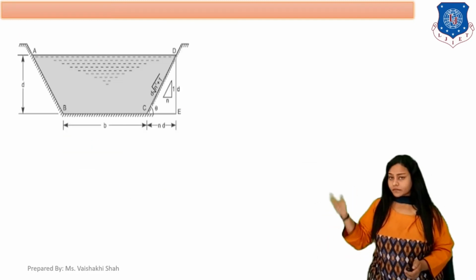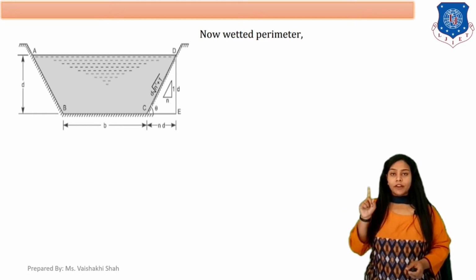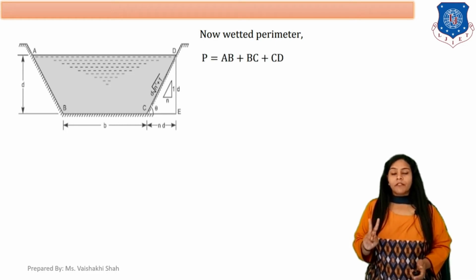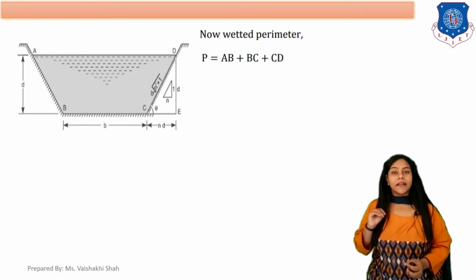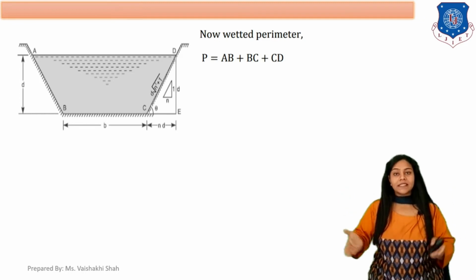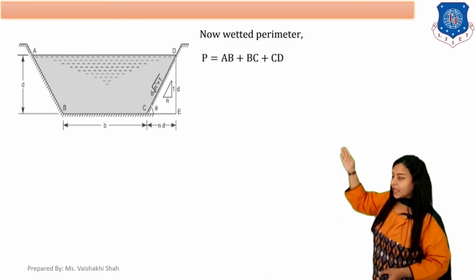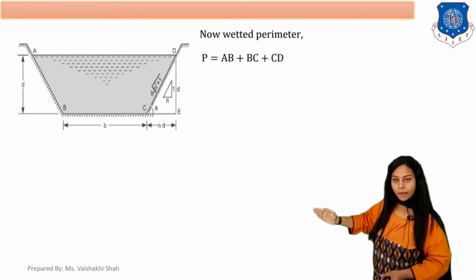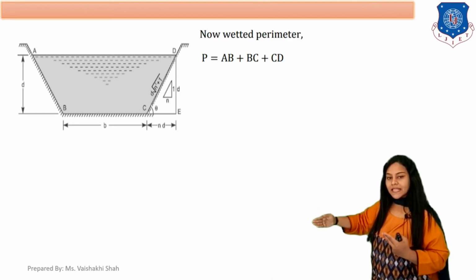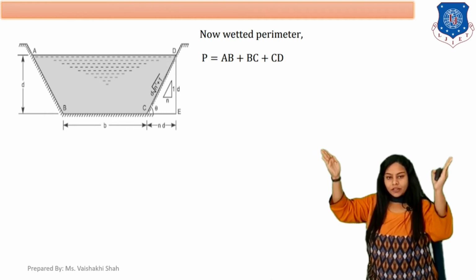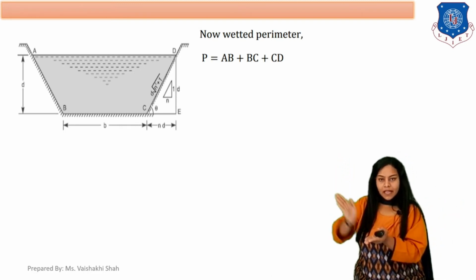Now, again, this is your diagram of the trapezoidal section. We found A, and now we have to find the wetted perimeter P. As you can see in this diagram, P equals AB, the sloping part, plus BC, the base part, plus CD, the other sloping part.